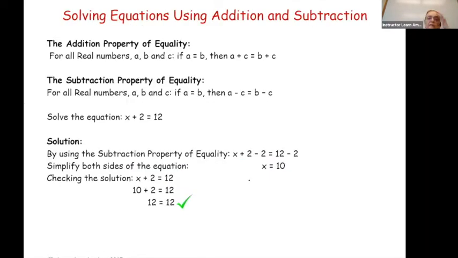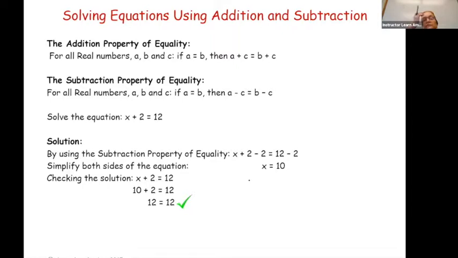Now, we want to use equations that involve addition and subtraction. Therefore, we need to review some of the properties of addition and subtraction. You're probably familiar with these already, but we're just going to go over them to remind you.